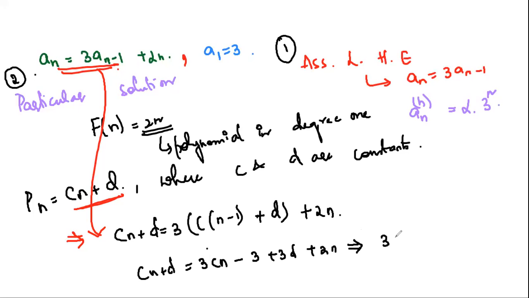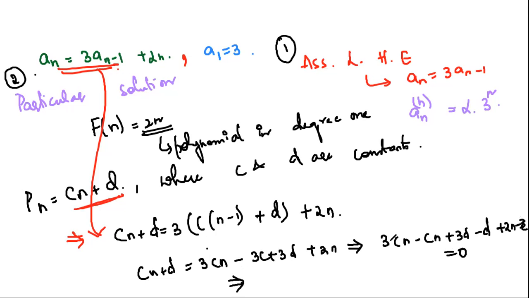So we will have 3cn minus cn, plus 3d minus d, plus 2n, minus 3c is equal to 0, since here we have a plus, this will change to minus. Minus 3c, when we multiply c.